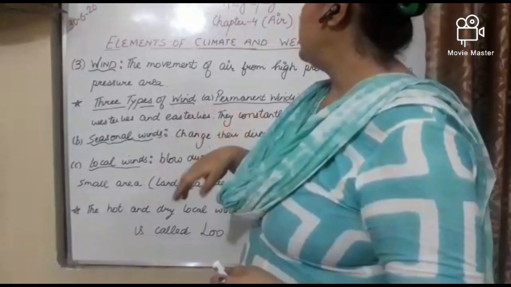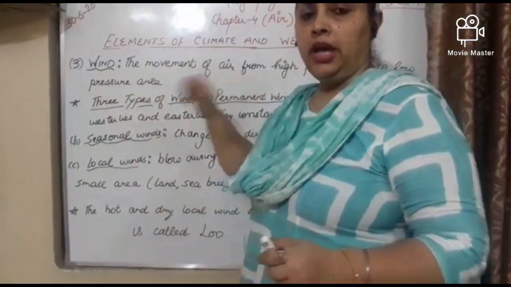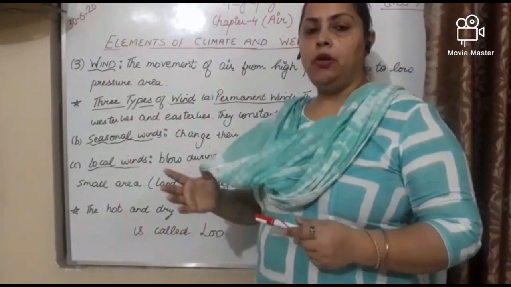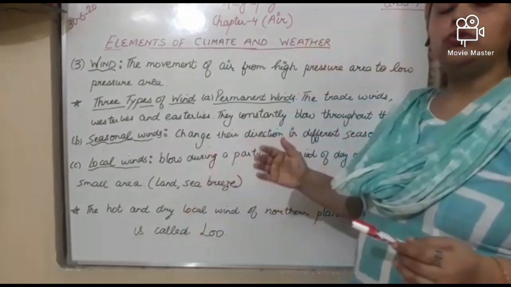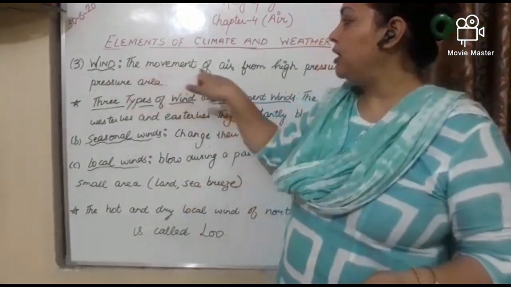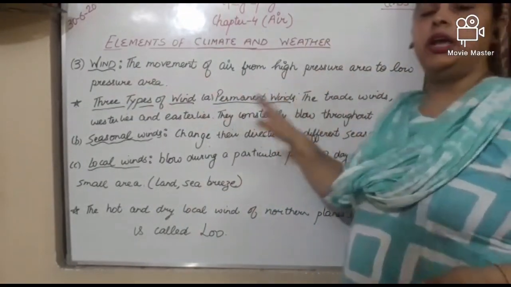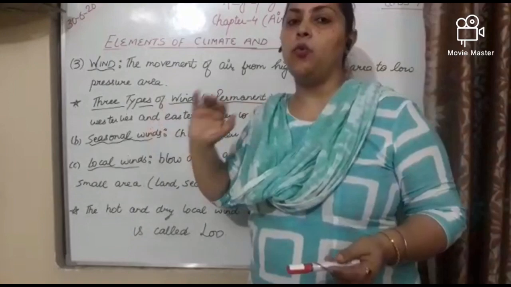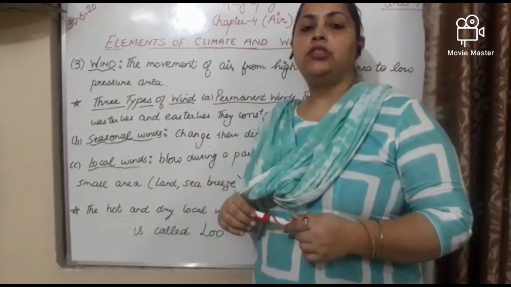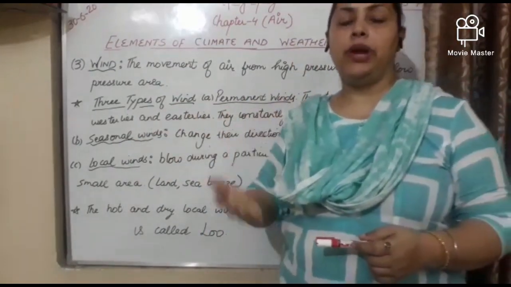The next element of climate and weather is wind. As we have seen, air always blows from high pressure to low pressure. The same goes for wind also. The movement of air from a high pressure area to a low pressure area is known as wind. In your book, they have mentioned 3 types of wind. The first one is permanent wind.